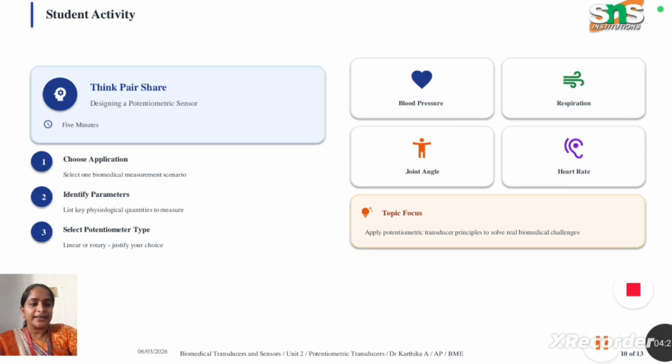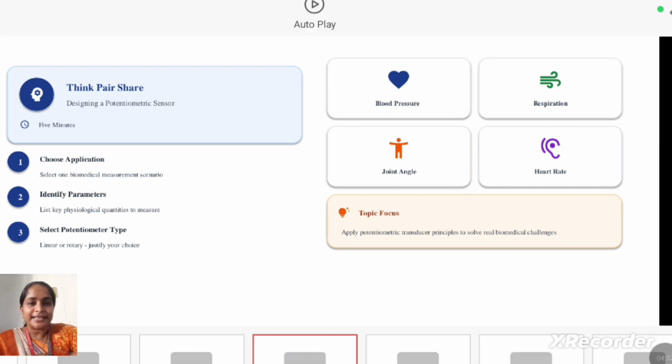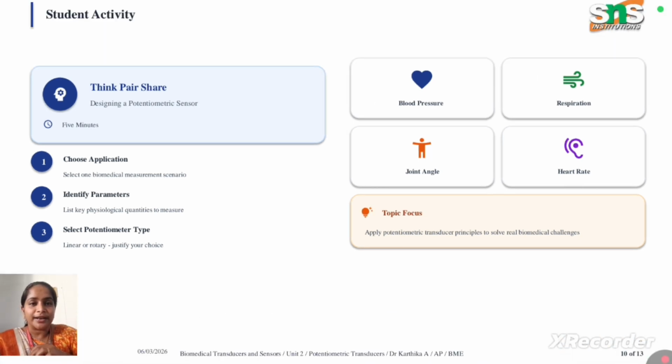Here I've included a student activity: think, pair, share, designing a potentiometric transducer. First, we need to choose an application, identify the parameters and select the potentiometer type.